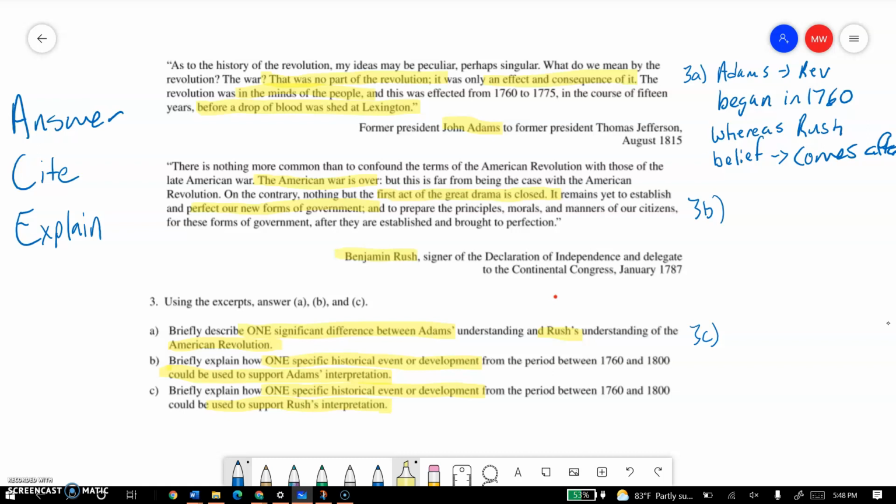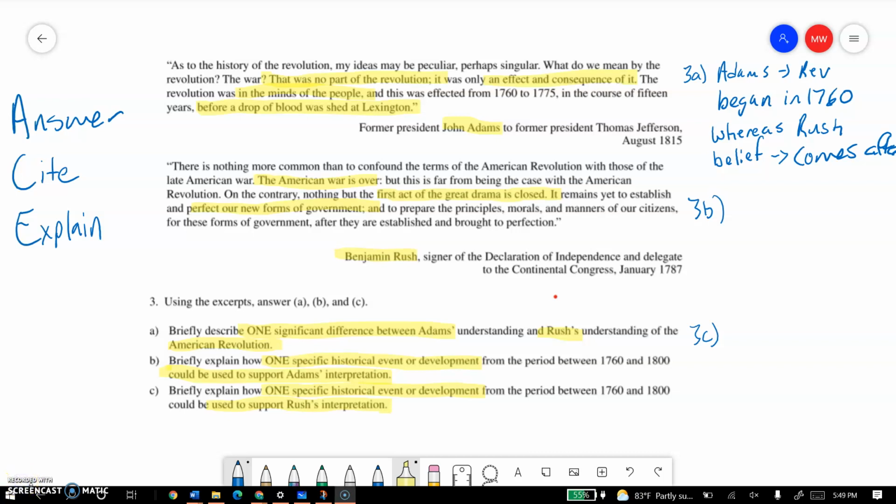So I want everyone to take a second, brainstorm some possible events, documents, happenings that you know of that fall around just before the revolution that could support Adams' interpretation of the revolution as beginning in 1760. And the same thing for Benjamin Rush's interpretation of revolution, which begins after the American War ends. Go ahead and take a second, brainstorm a couple things. We'll come back and I'll share my examples with you.